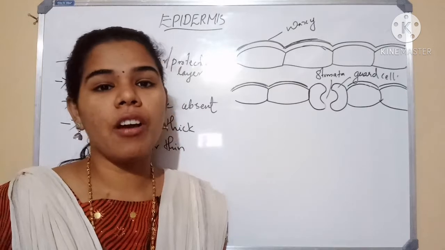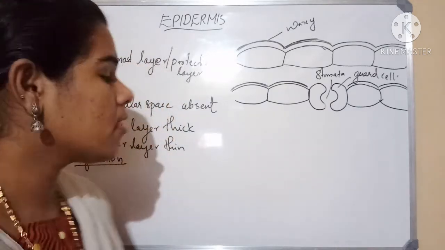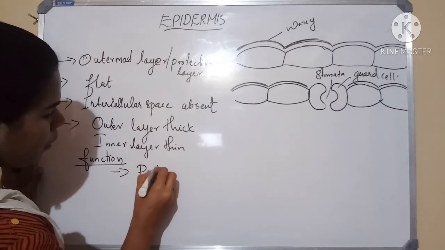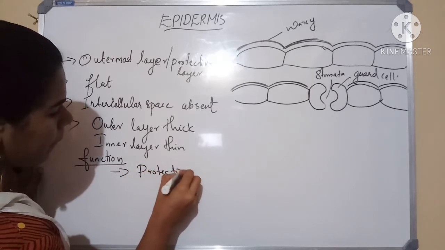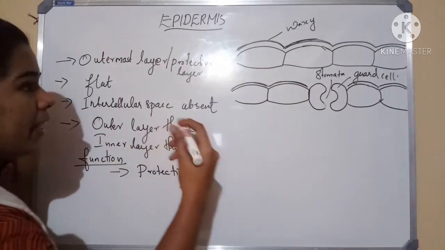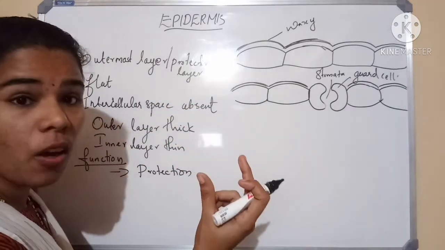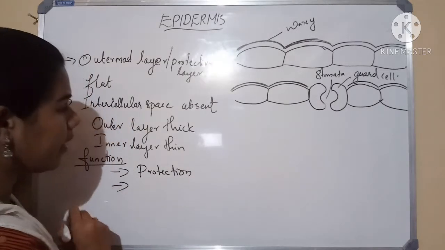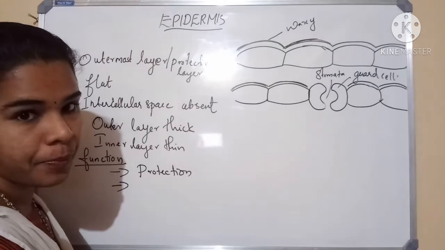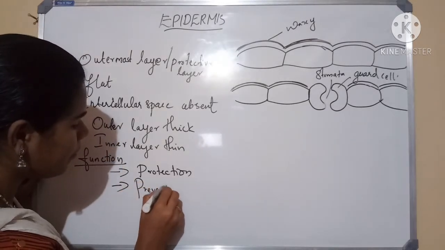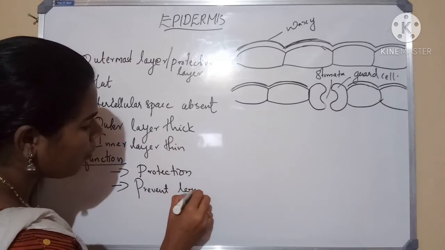The function of this epidermis is protection. In the case of additional protection, a thickened waxy coating is present which helps to reduce or prevent loss of water.